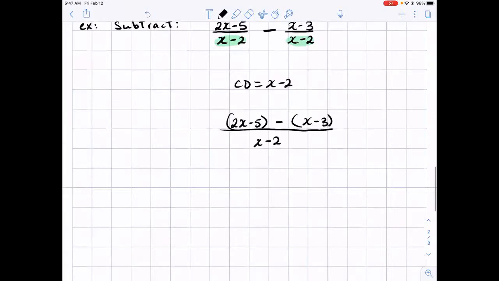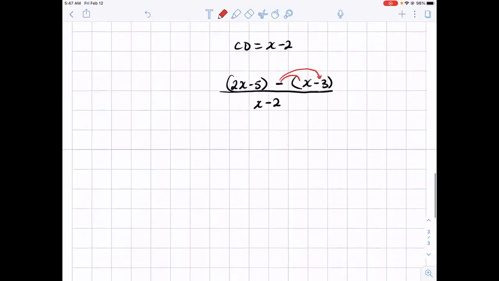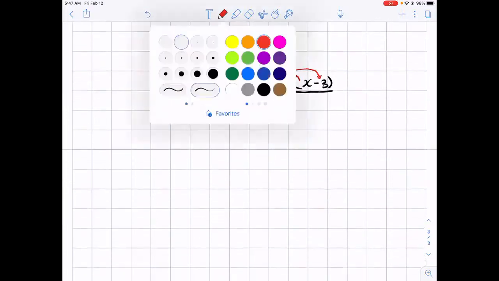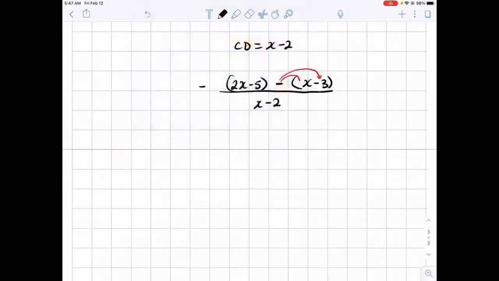I keep them in parentheses this time because when you distribute this negative as you get rid of the parentheses, we're going to have 2x minus 5 minus x plus 3 over x minus 2.